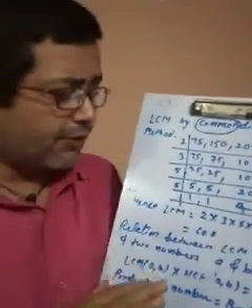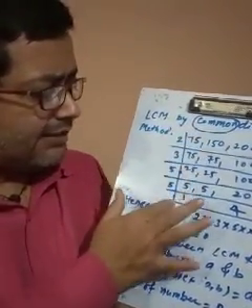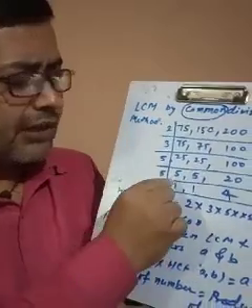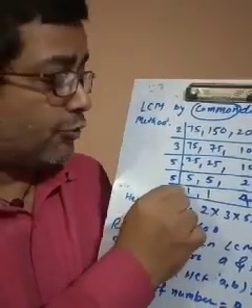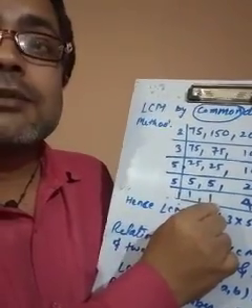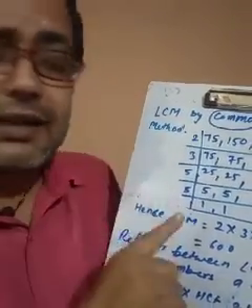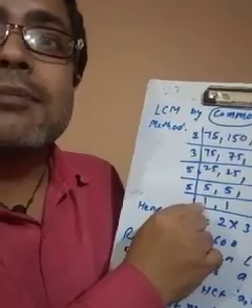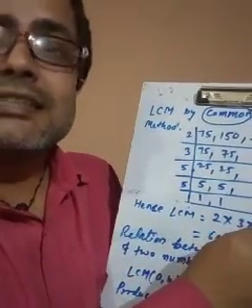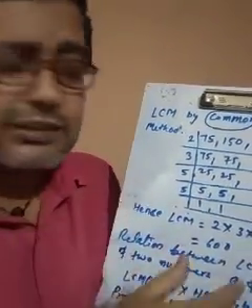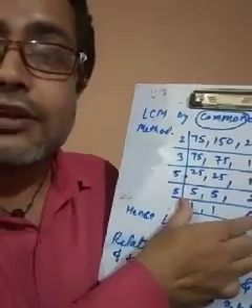Now for LCM what do I do? I multiply all these numbers. So suppose it would be 2, suppose 5, this suppose 3 and this 4. Then should I go further? No. Whether this is prime or composite, do these all have no common factor? We will not go further.